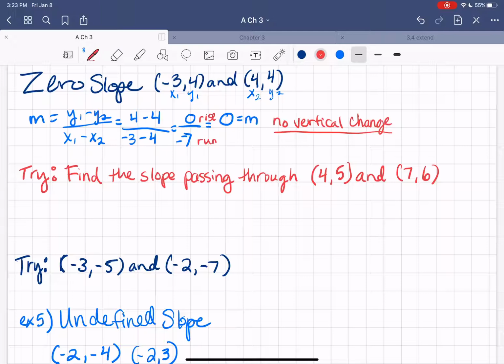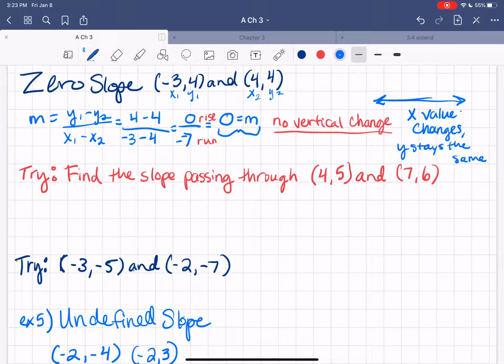We are only going back and forth. The x value is the only thing that is going to be changing if you have a slope of 0. Y stays the same.